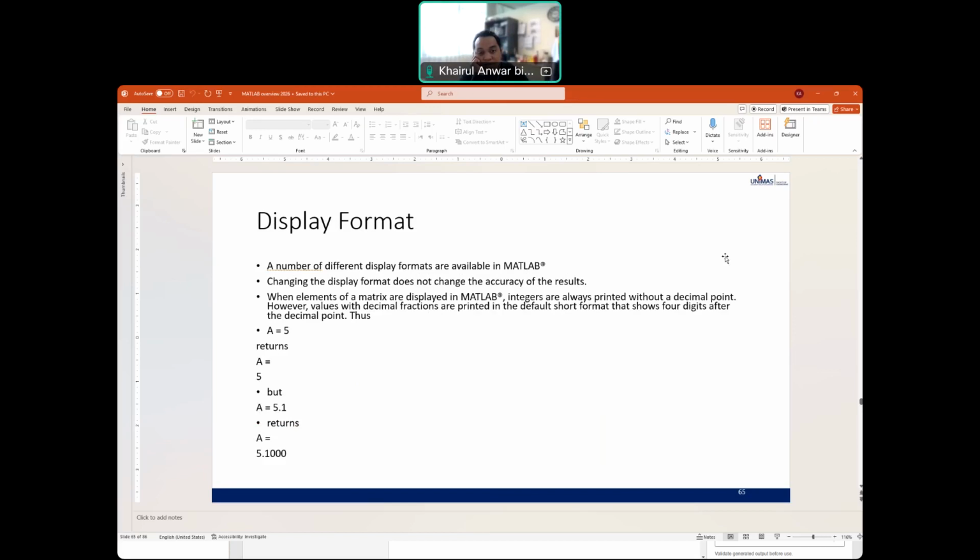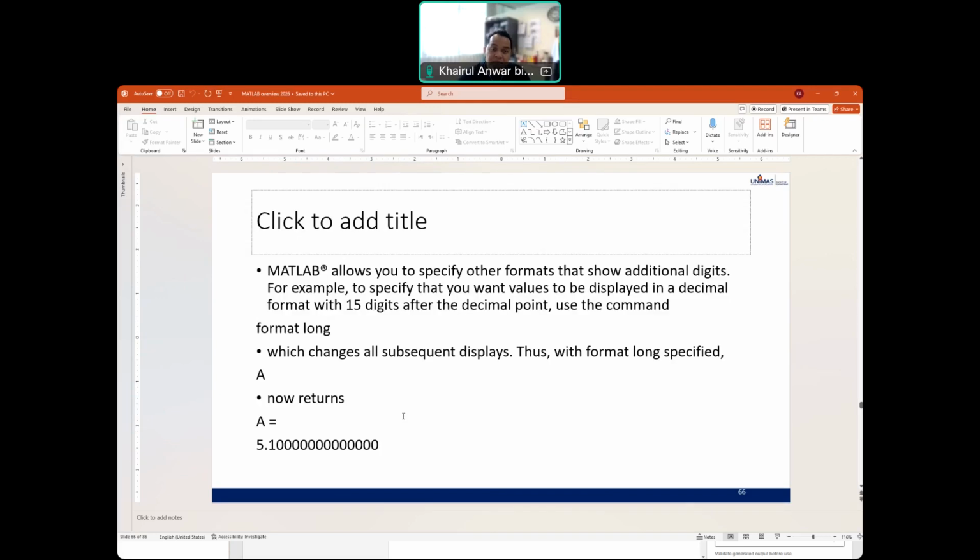However, values with fractions are printed in the default format short, which shows 4 digits after the decimal point. A equal to 5 is written A equal to 5, but A equal to 5.1 will return 5.1000. So that is format short.